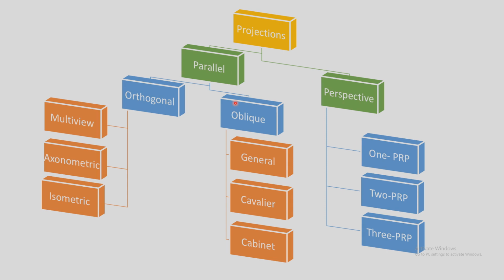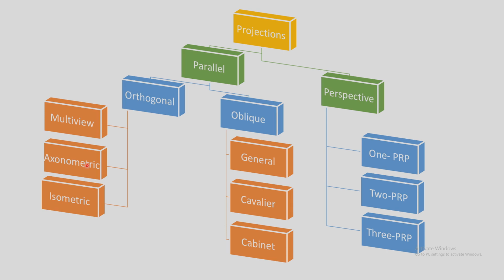Orthogonal has the direction of projection normal to the plane, and oblique has it not normal to the plane. Orthogonal can further be divided into multi-view projection, in which only one face of the object is shown at a time, and multiple projections show different faces of the object.